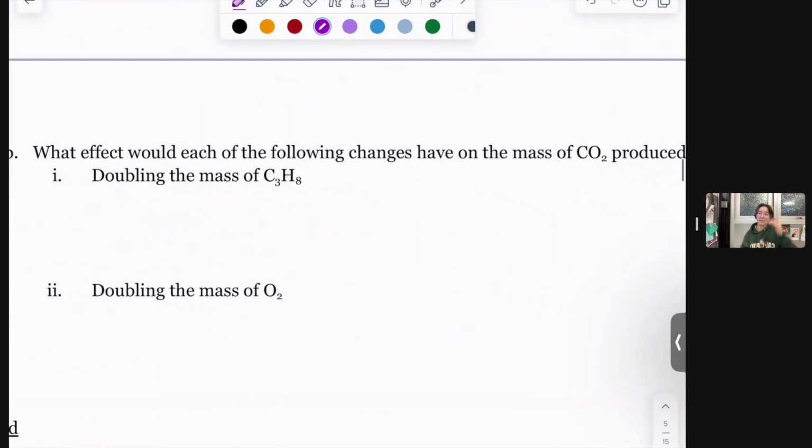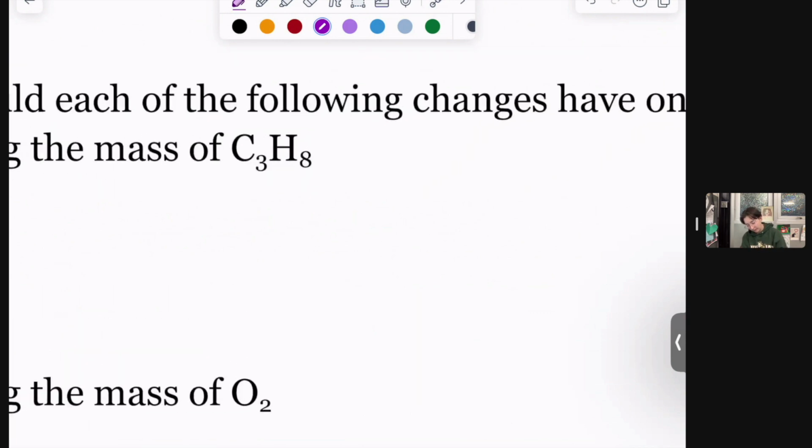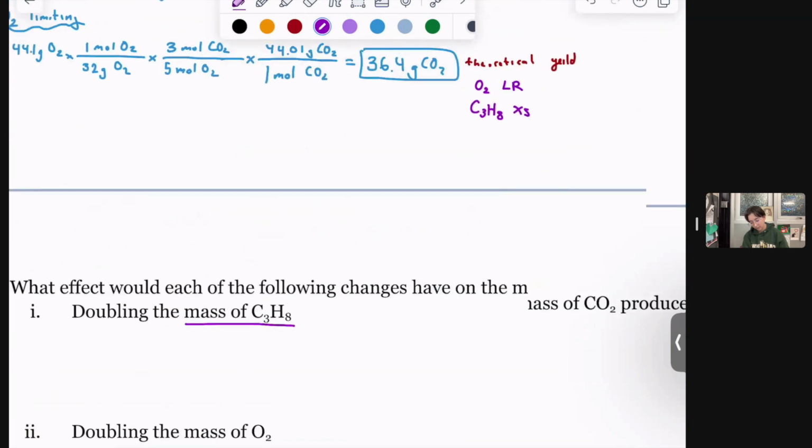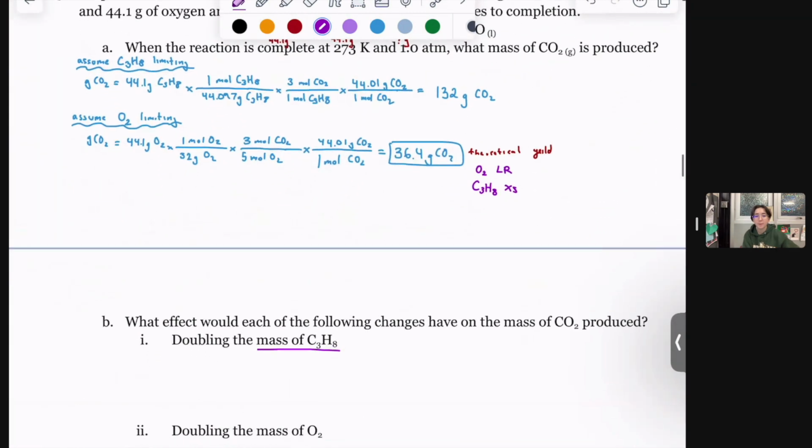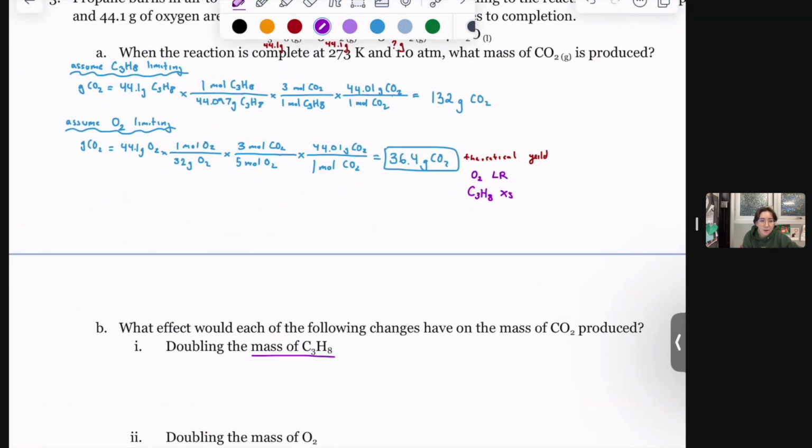Cool. Okay, again, let's think through how adjusting my amounts of stuff would affect my yield. It's saying if I had even more C3H8. Looking back up there, I already had plenty of C3H8. It was my excess reactant.